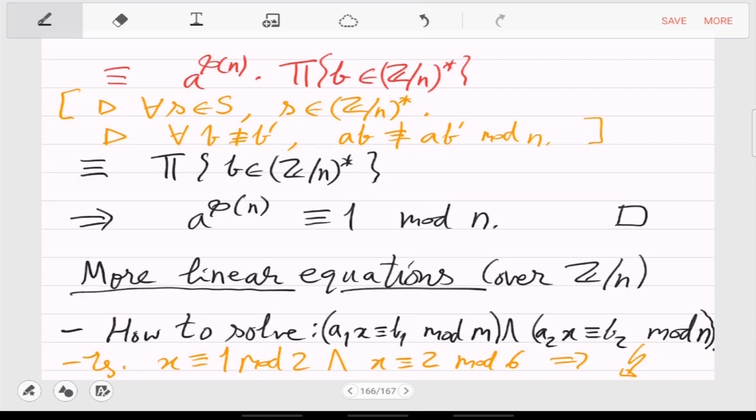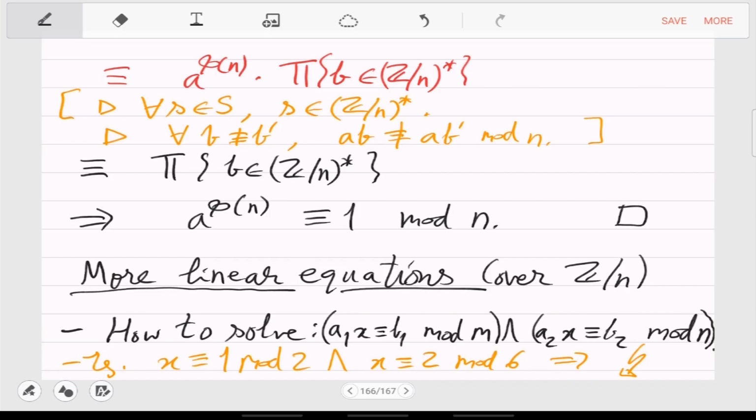Yeah, so not only are there two equations, but there are also two moduli. Okay, and then it becomes complicated. I mean, individually you can do that A1 inverse mod m, A2 inverse mod n thing. But how do you know whether there will be a solution or not? What is the feasibility criterion?